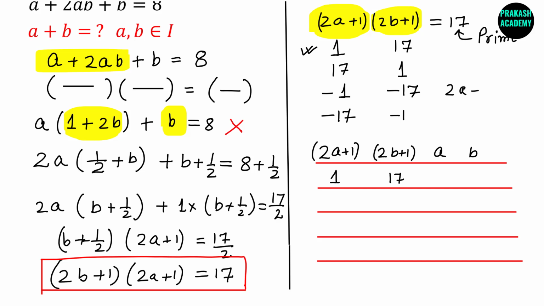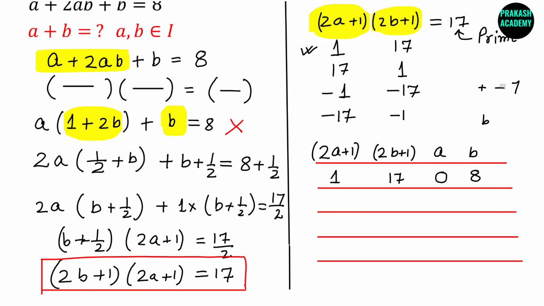This means 2a = 0, so a = 0. Now 2b + 1 = 17. This means 2b = 16, so b = 8. So in this case, we have a = 0 and b = 8.